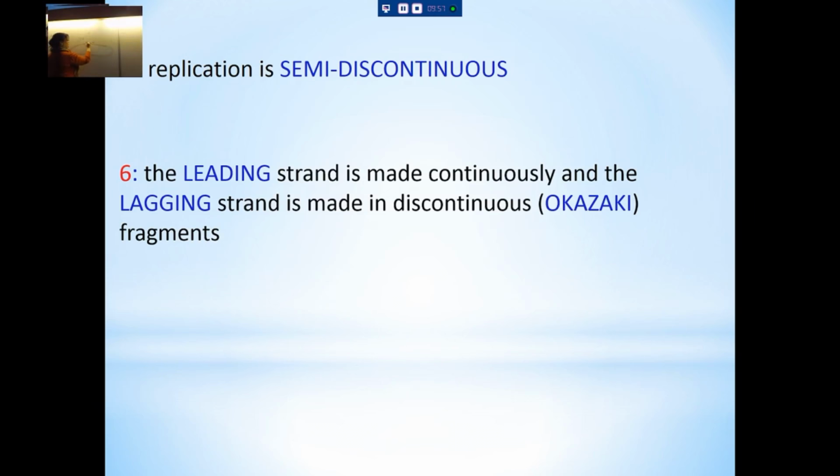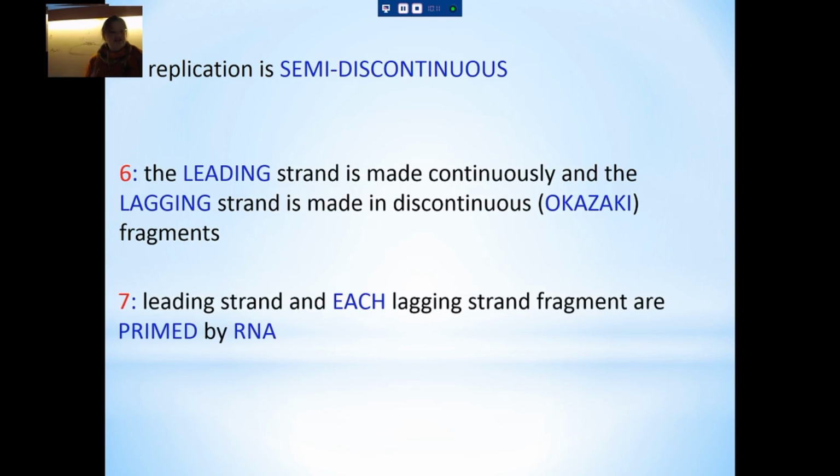And so when this opens up like this, the polymerase is going to move along, and it's got to replicate both strands in order to keep the DNA double-stranded. So we have the leading strand and the lagging strand. The lagging strand gets made up of short little pieces of DNA, which have been termed Okazaki fragments due to the Japanese scientists that first identified them.